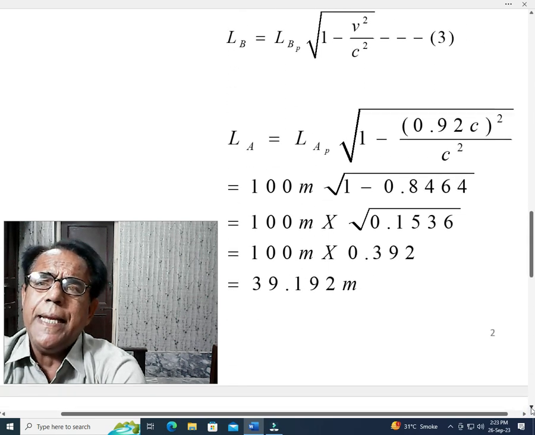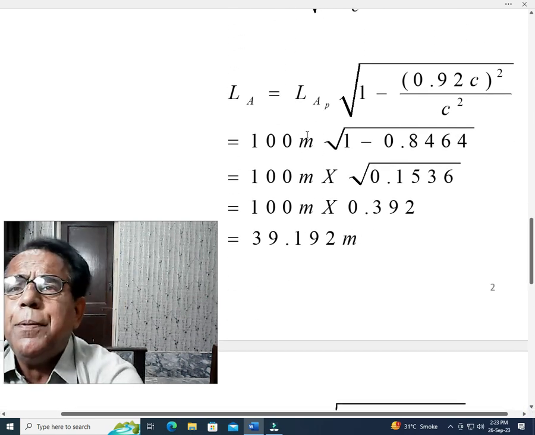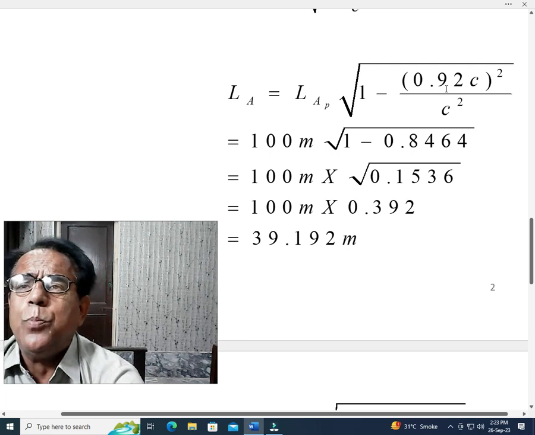Now L_A is equal to L_AP into under root 1 minus (0.92 c) whole square over c square.